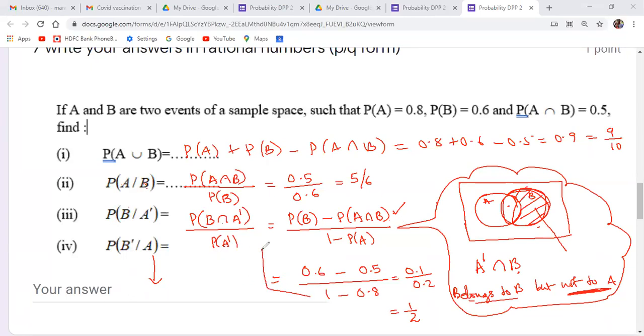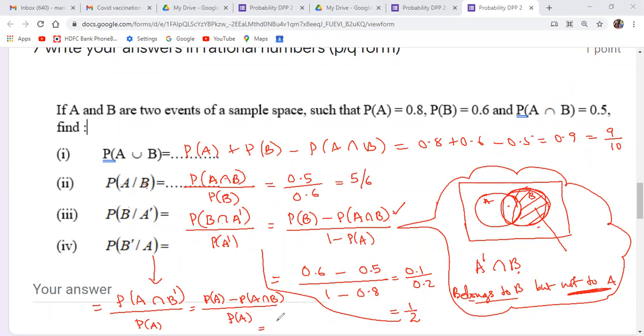So what about this problem? Yes, somebody has given me the answer. So this became P of A intersection B complement divided by P of A. A intersection B complement means it should be in A, so probability of A, minus the part where B should not be, so P of A intersection B, upon P of A. Now just put the values.